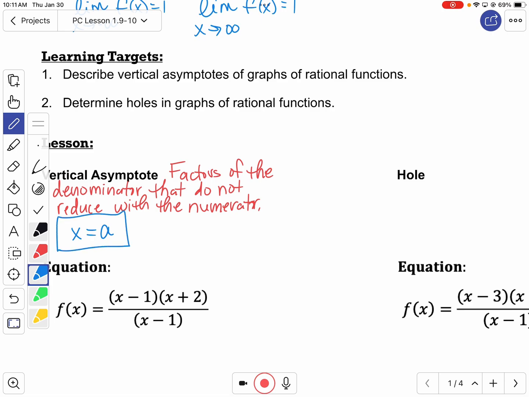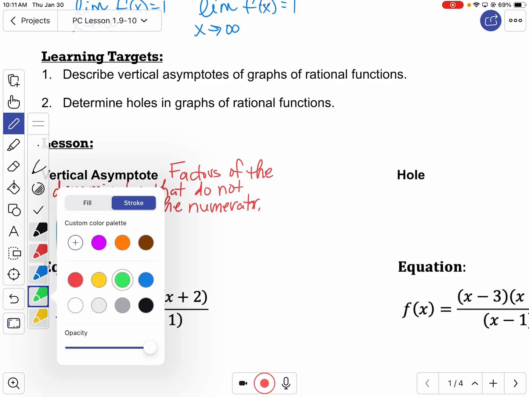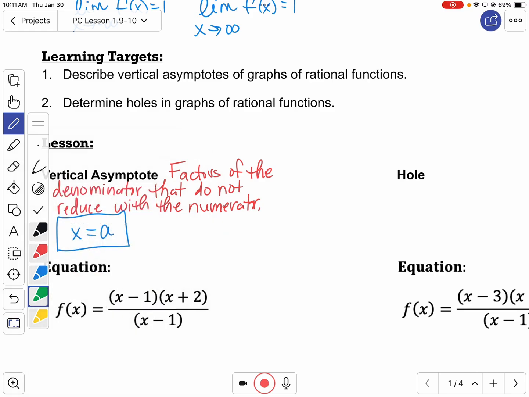It is an equation. Okay, x equals a. Interesting thing about it, basically these are the things that would make my paper explode. Okay, where the denominator would equal 0. So they're the things that would make my paper explode. They cause my function to be undefined.